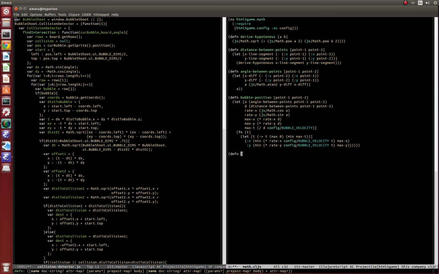Okay, so, let's basically return if it intersects, what it intersects by, and if it doesn't intersect, we'll just return null, or nil, in this case. Alright. So what does it take?